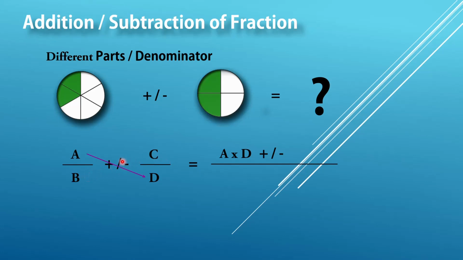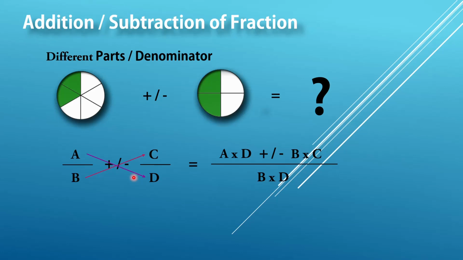So what we need to do is cross multiplication. You need to follow this rule only: ad and bc. And the denominator is b into d, the multiplication of the denominators.